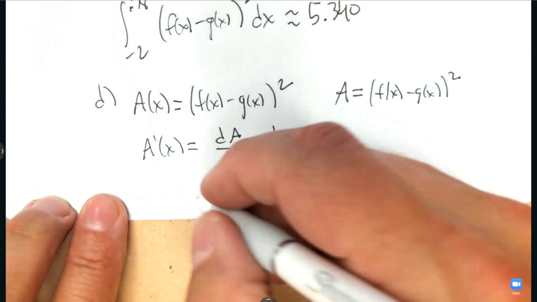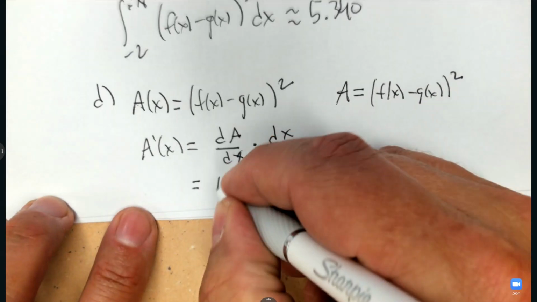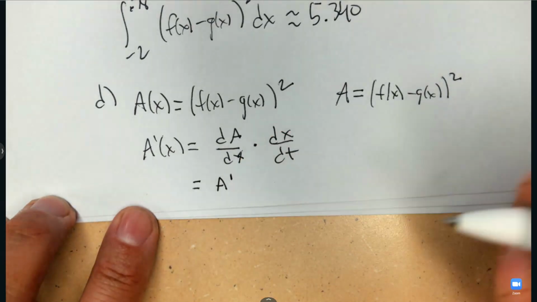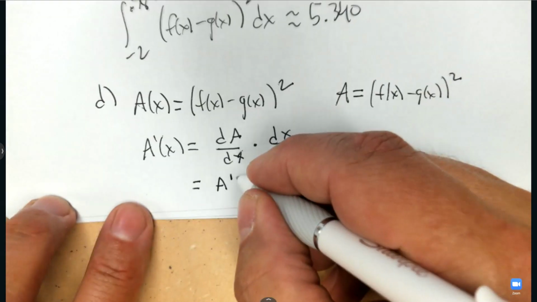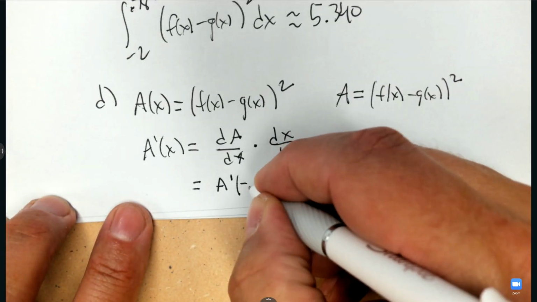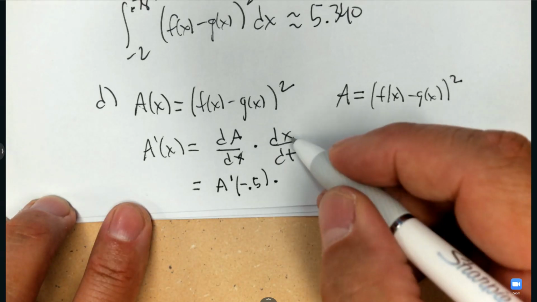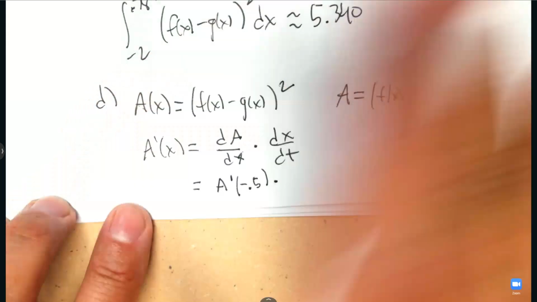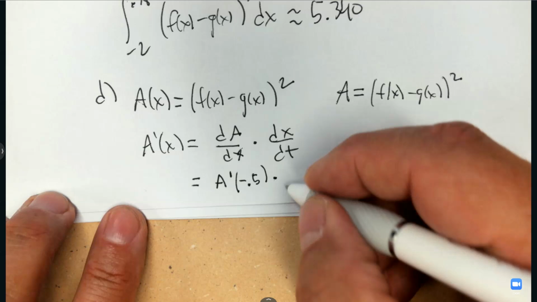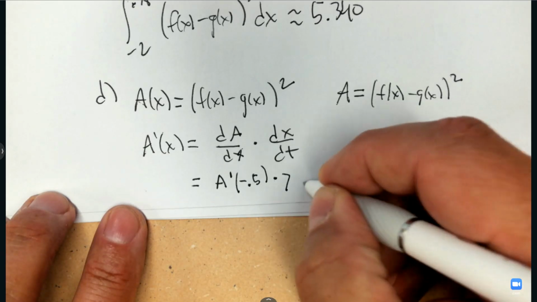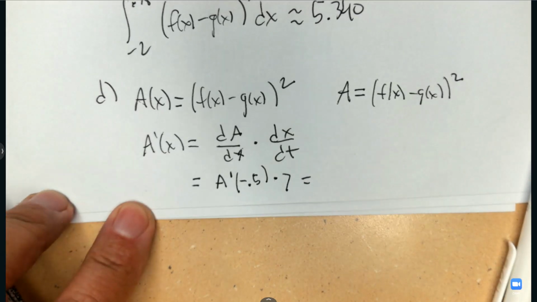This one's trickier. So we're going to do the derivative of the area, use our calculator for that, at negative 0.5 times the rate of x, which said in the question that that vertical line is moving at a constant rate of 7 units. I know this one is tricky, but we're going through it.